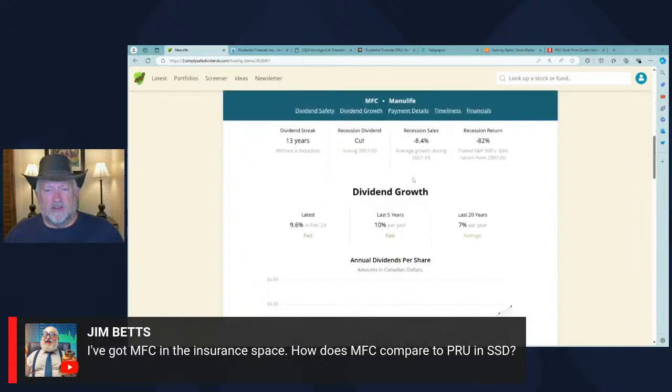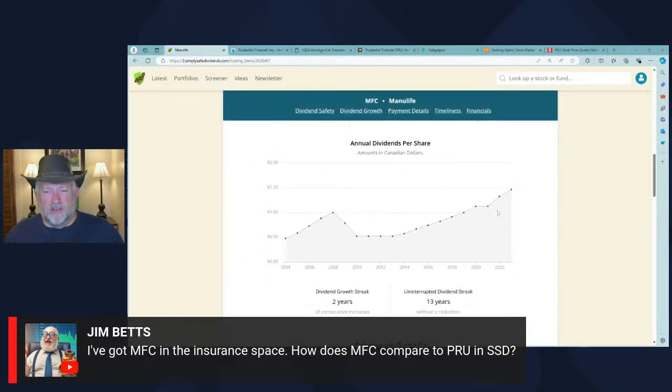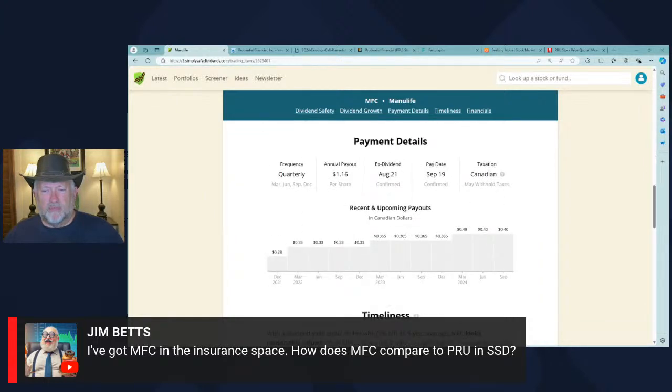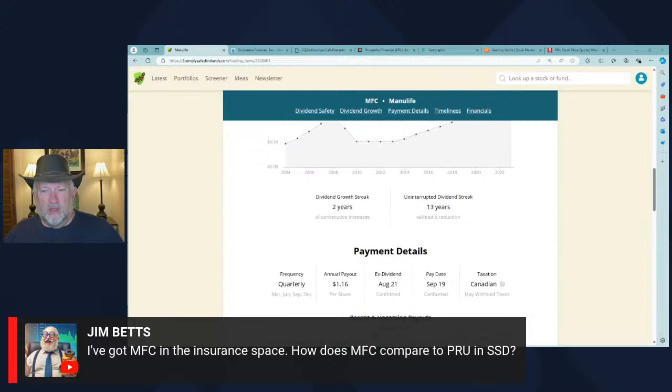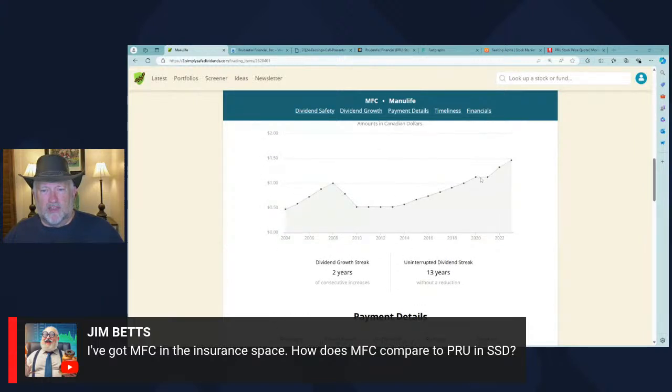Let's take a look at their dividend growth. That looks pretty good. They had a little struggle back in 21, maybe. And they're in Canadian dollars as well. I can't tell if that's flat or if they actually decreased the dividend, but it does say that the growth streak is only 2 years.